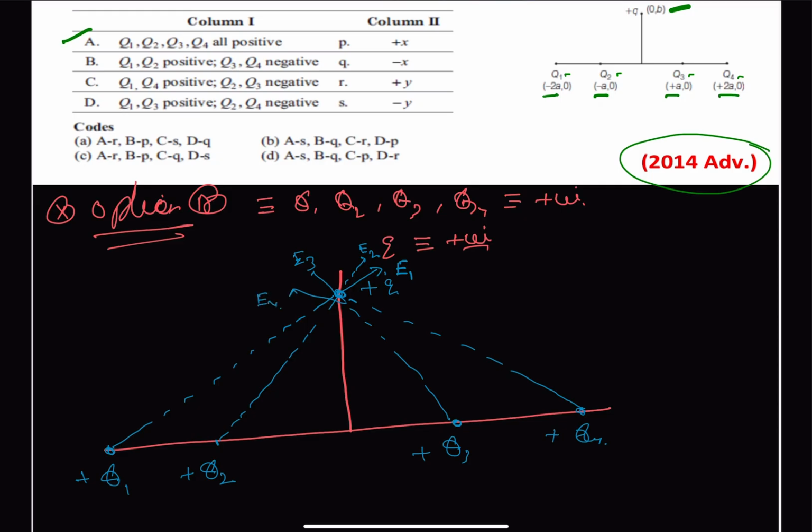We can divide these electric fields into respective components. For that, let us draw this point here. So E1 is going to have two components: one will be E1x and the other will be E1y.